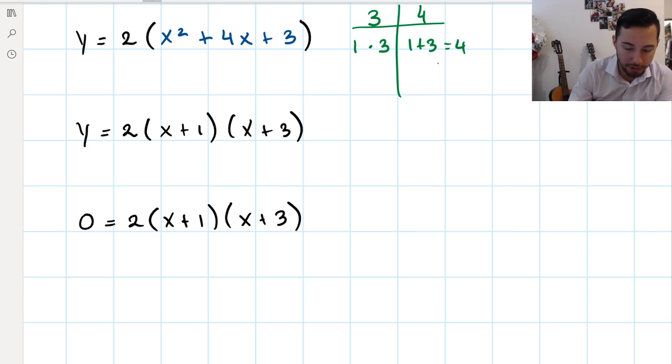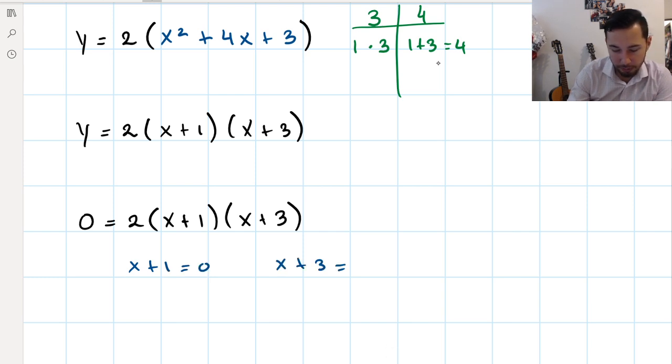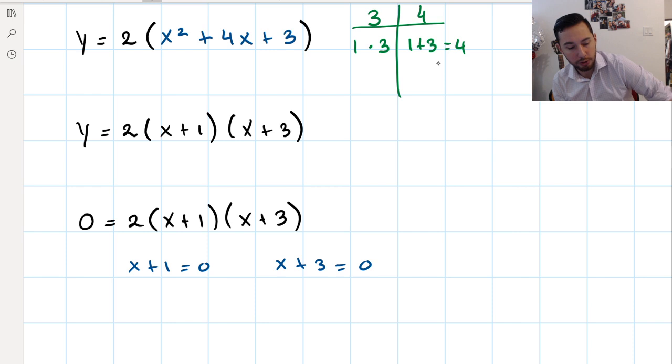So this will be x plus 1 is equal to 0, and x plus 3 is equal to 0. Well, Mr. Correa, why don't I put 2 is equal to 0? What do I do with that 2? Well, 2 is a number. 2 can never be 0. 2 is always going to be 2. So it doesn't factor into what we're trying to do here.